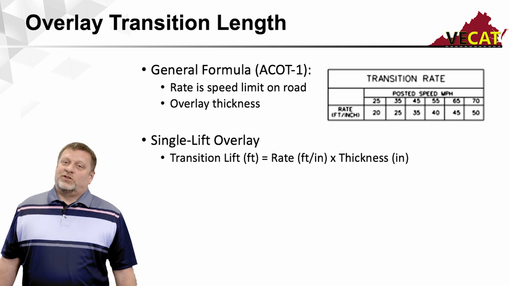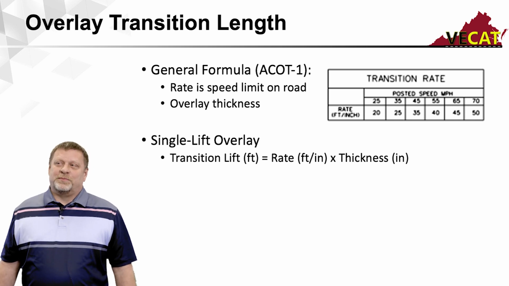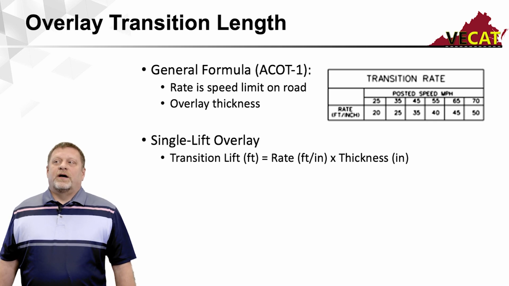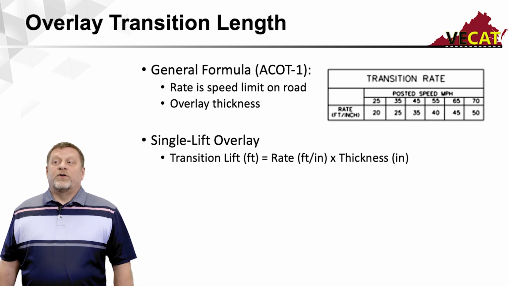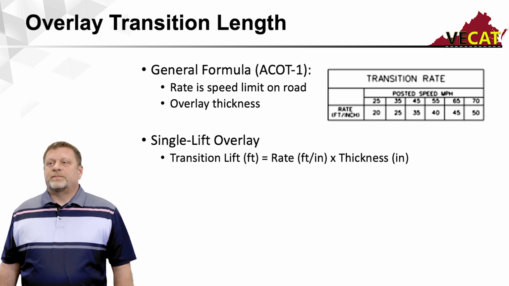It's not how fast the traveling public goes, it's the posted speed limit. It gives us a certain distance in feet, and then we apply it to the thickness of the overlay we're laying. So for a single lift overlay, the transition length would basically be the rate, which comes from the speed we're going for, feet per inch, times the thickness, which is the inches of how thick our overlay is.